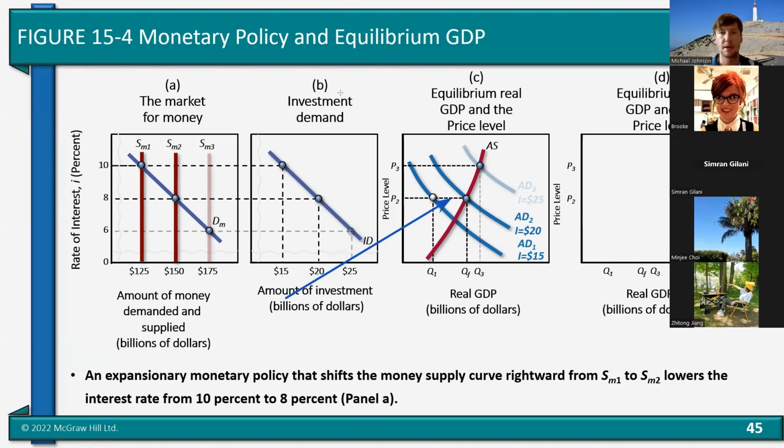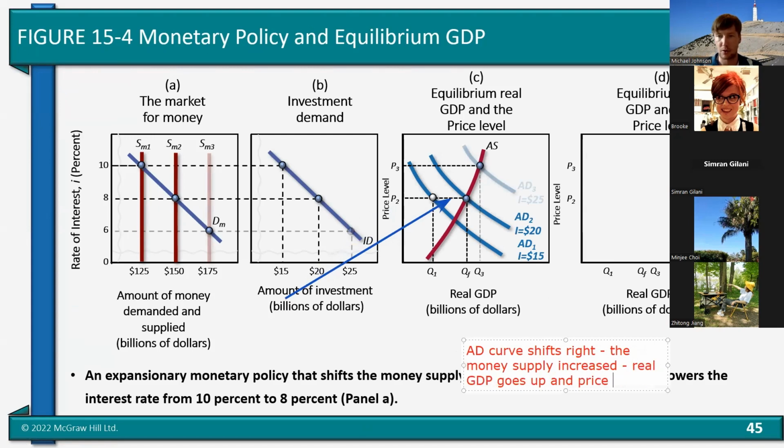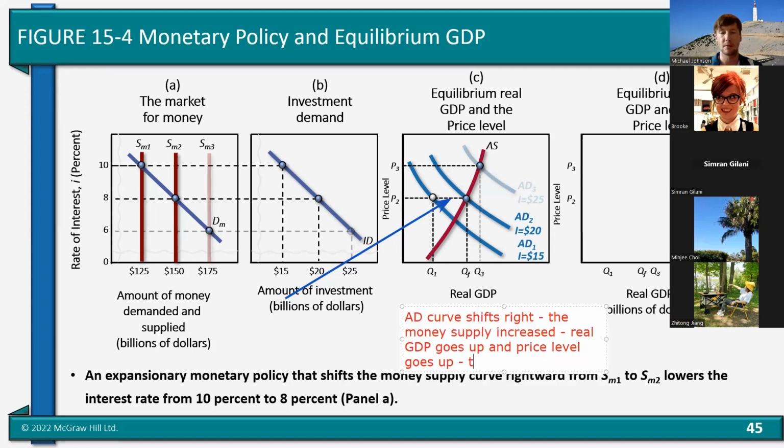If the aggregate demand curve, the AD curve, shifts right, the money supply increases. So real GDP goes up and the price level goes up. This is what happens when they reduce interest rates.